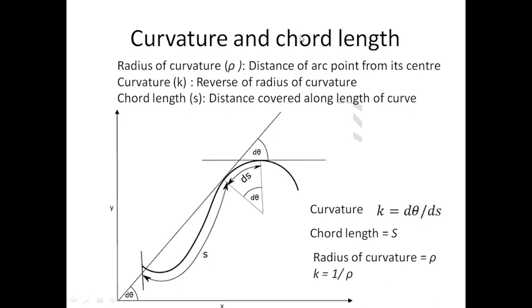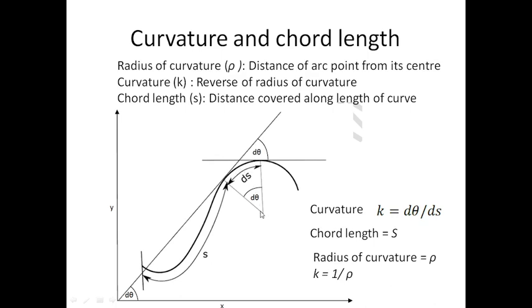Now, coming on to the curvature and chord length, which are the two main intrinsic properties, the radius of curvature can be defined as the distance of an arc point from its center. For example, you have this curve and within this portion of the curve, the radius of curvature starts from here to here.